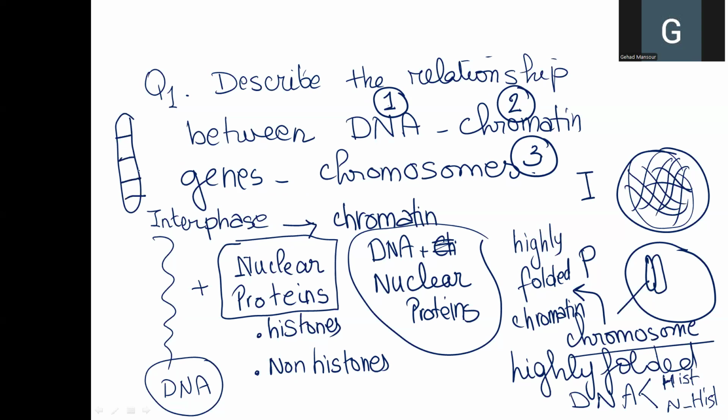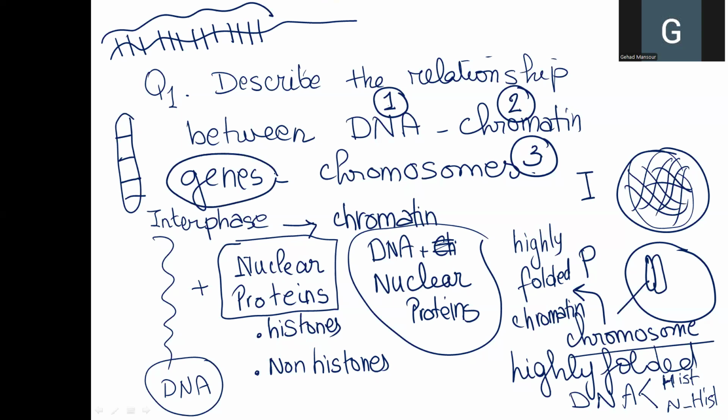So if you unfold the chromosome, it is a very long DNA molecule that consists of a sequence of nucleotides, and every small or long sequence of nucleotides forms a gene. So a gene is nothing but a part of the chromosome, and therefore a part of the DNA molecule. So this is the relationship between DNA, chromatin, chromosomes, and genes.